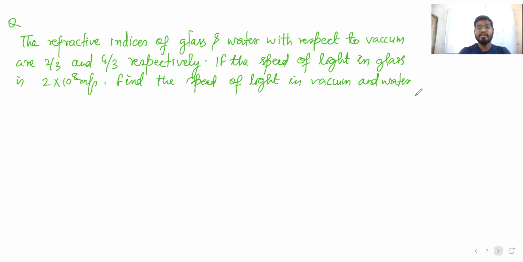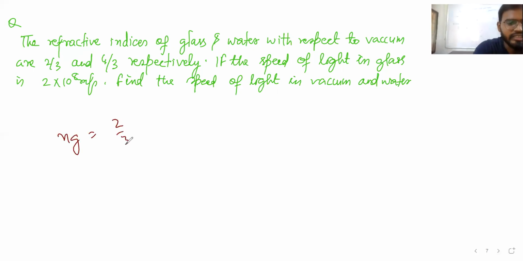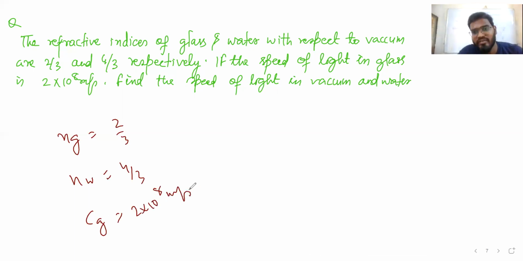Refractive indices of glass and water with respect to vacuum are 2 by 3 and 4 by 3 respectively. If the speed of light in glass is 2 into 10 to the power of 8 meter per second, find the speed of light in vacuum and water.